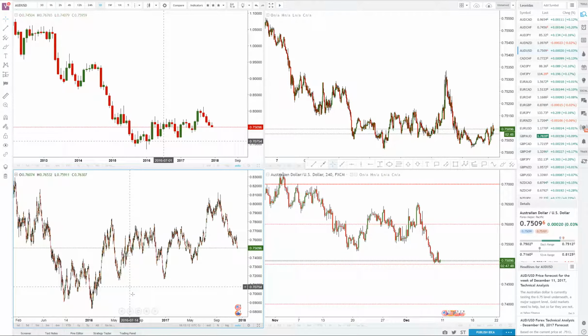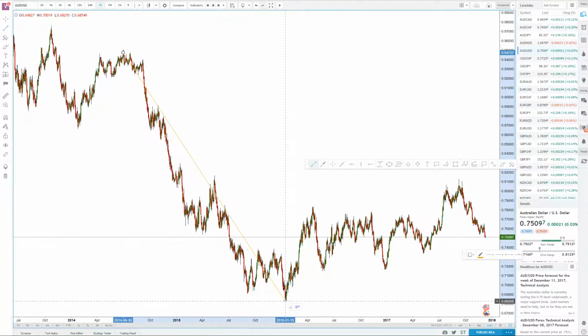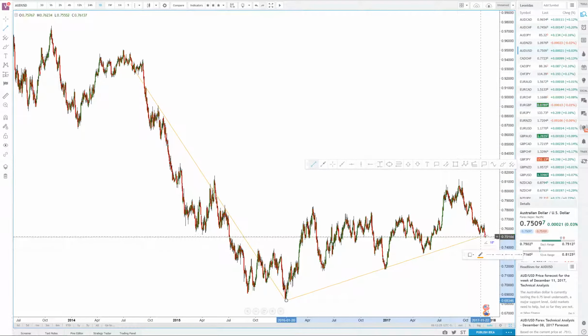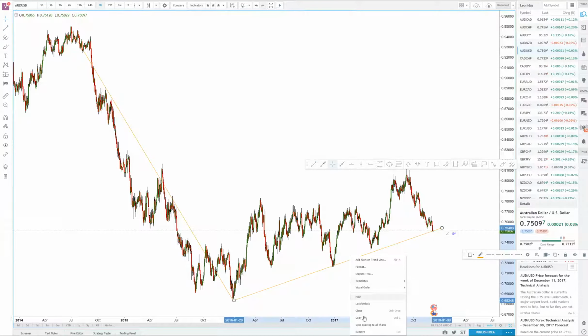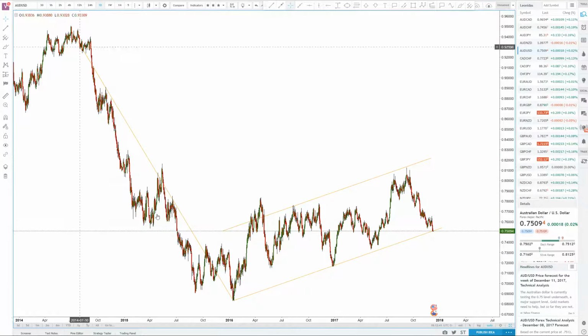big picture here, and on the big picture we're seeing that on daily we came down here like this, right? And so that's your first bearish impulse. Now we're sitting on this trend line here, and if we clone it and we move it like so, and so we come down, we'll go 1, 2, 3.